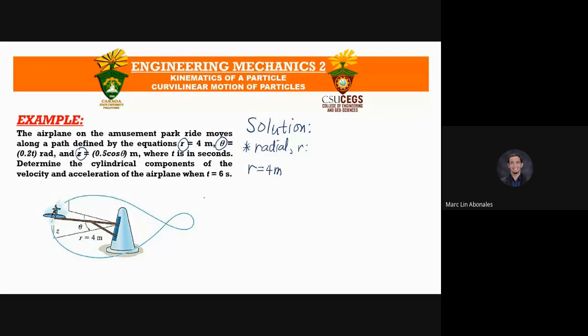Meaning, if the radius is equal in every direction or every angle, it means that it forms a circle. For a circle, it has one radius.